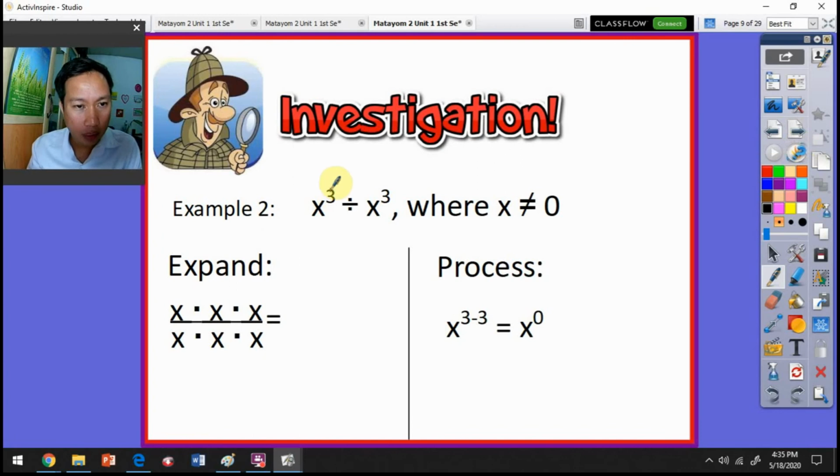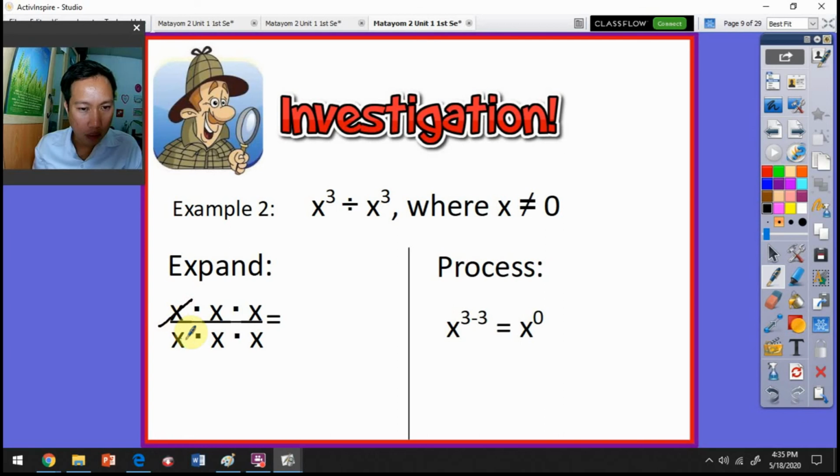x to the power of 3 divided by x to the power of 3, where x is not equal to 0. It cannot be equal to 0 because it's undefined. Now let's compare our answer with expand and process. For the expand, x to the power of 3, 1, 2, 3, divided by x to the power of 3, 1, 2, 3.